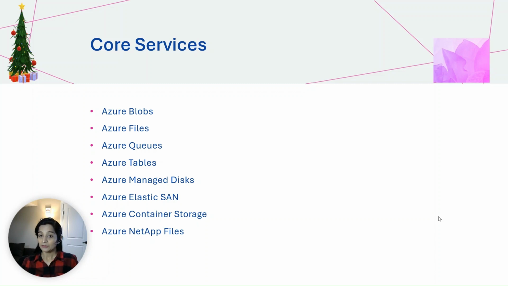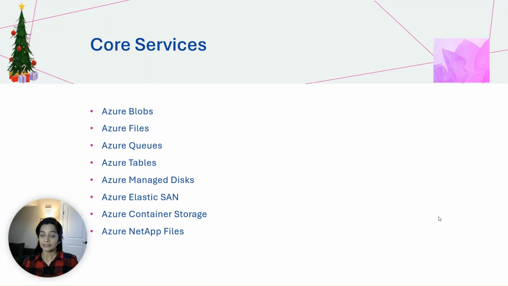This is a NoSQL key value store for schema-less storage of structured data. Tables is ideal for web apps and apps requiring flexible data storage. Azure Managed Disks. These provide block-level storage volumes for Azure VMs, ideal for VM storage and database hosting.